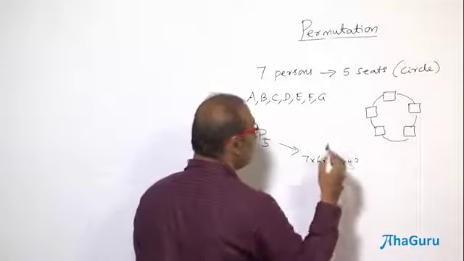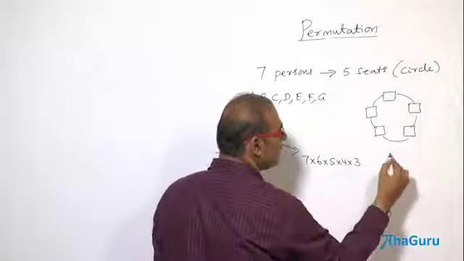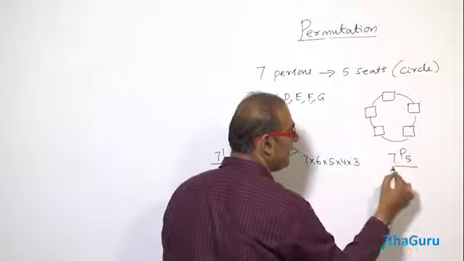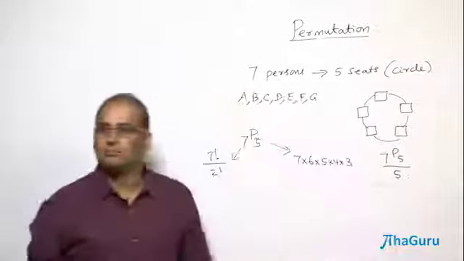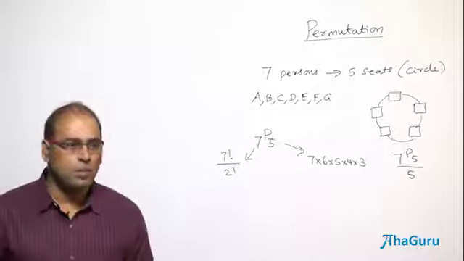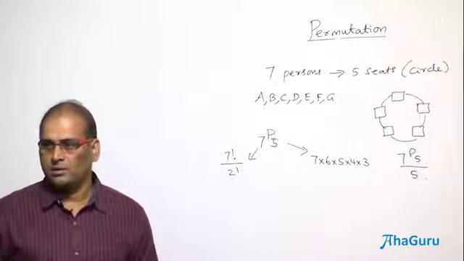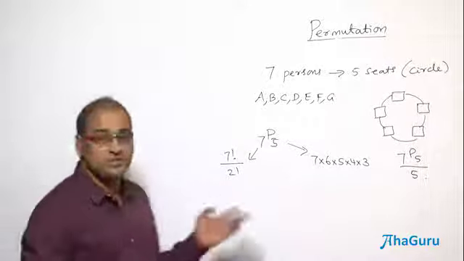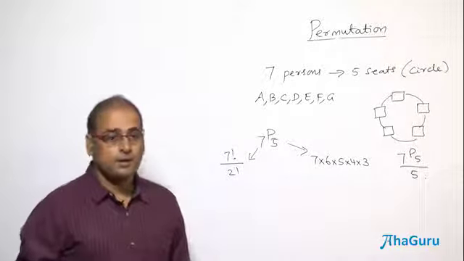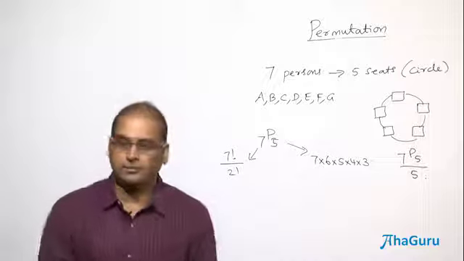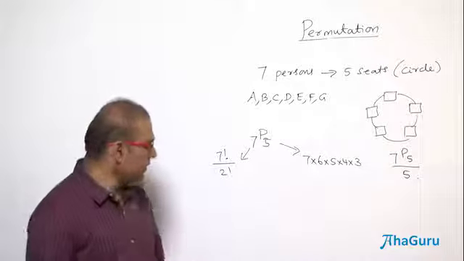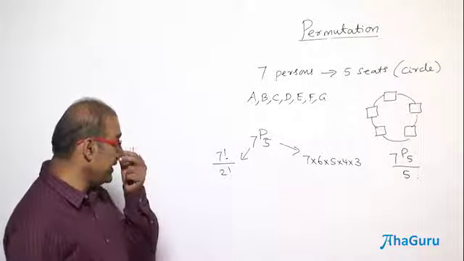If you divide by 5, that gives you this result. So 7P5 divided by 5 is the number of circular arrangements. So what is the general formula then? N persons and R seats: NPR by R.